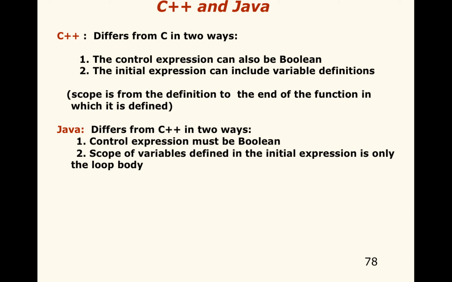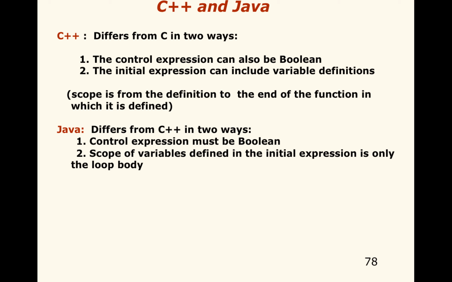So you can say int i. In C, you were only able to say i is equal to 0. You had to define and declare i outside of the loop. In Java and C++, you can actually declare the variable inside of the loop, and it's a new i, and you can just repeat it over and over again.